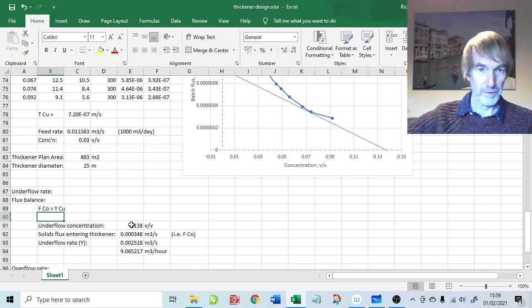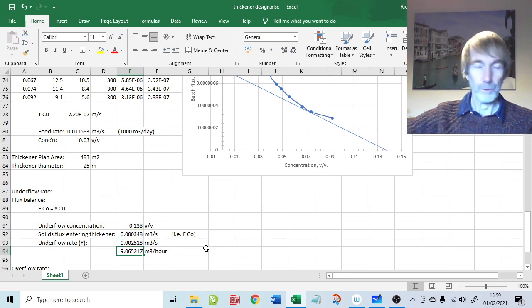So the underflow concentration was 0.138. The solids flux entering the thickener, that's F times C0, is that value. So therefore F times C0 divided by Cu is that, which in terms of some more sensible units is 9.1 meters cubed per hour.